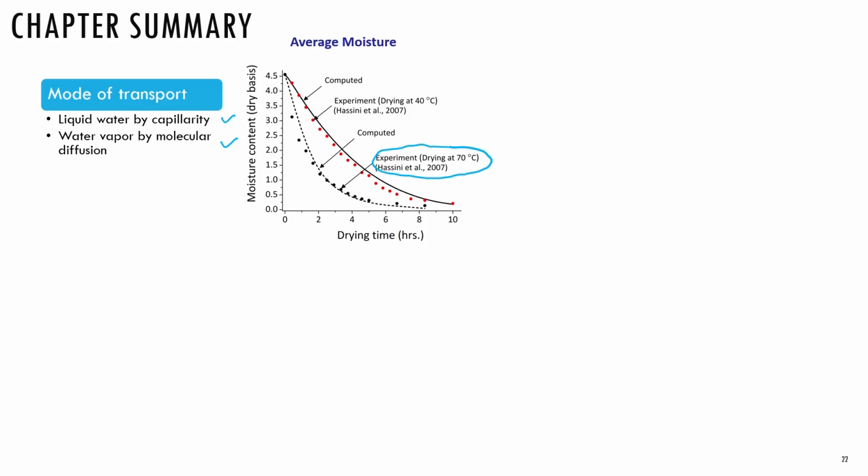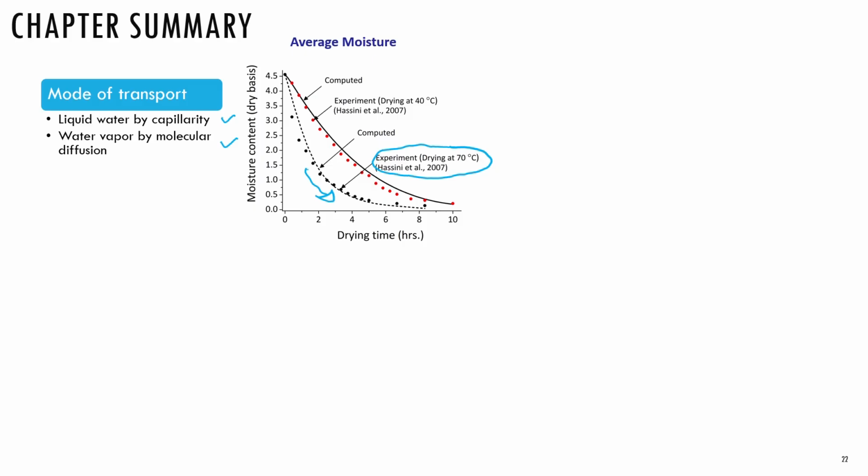One is the surface evaporation and removal of moisture from the surface would be easier at the higher rate of drying, and also at the higher temperature the internal evaporation would increase. These two factors would cause the higher rate of drying, so the moisture will drop faster.